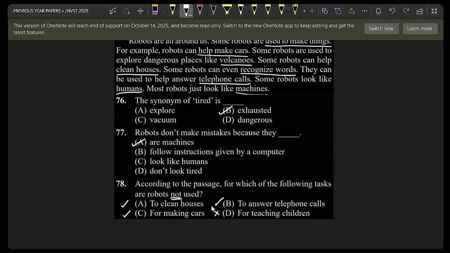Robots are only machines. They will give the same information again and again if you ask the same thing, and they cannot understand the emotions of the children, how they are feeling and what they are understanding. So for teaching children, robots are not used. Option D. So two more questions.